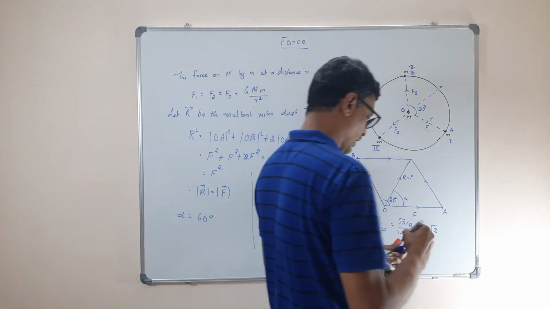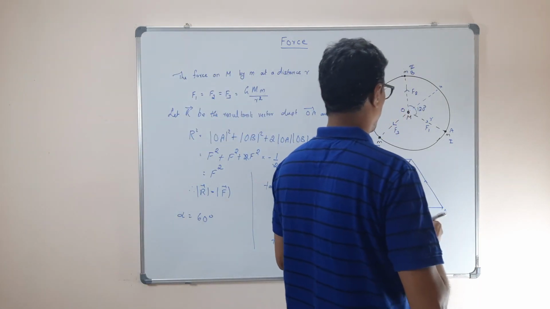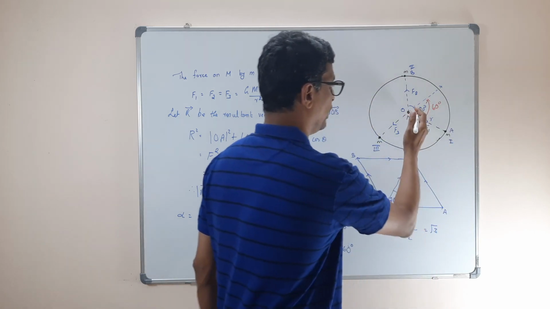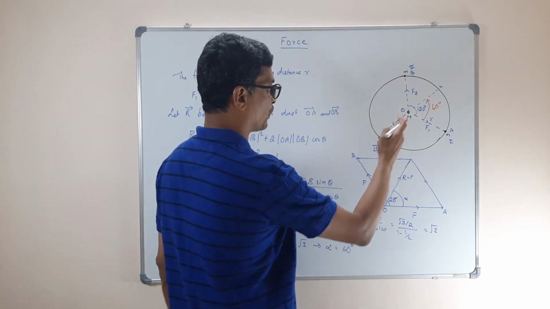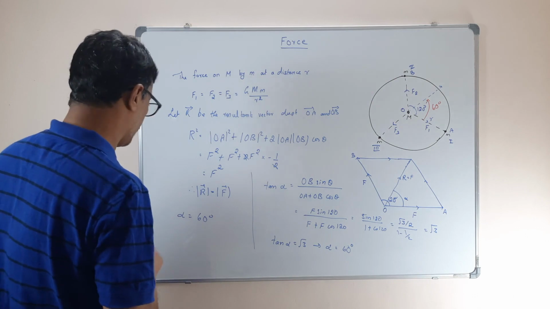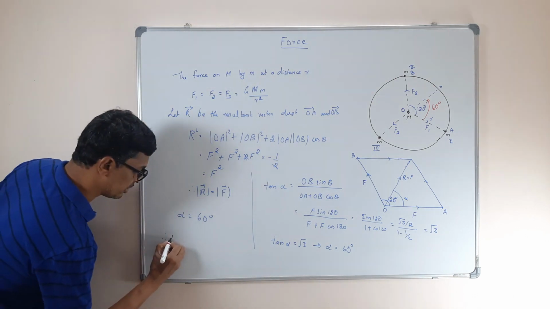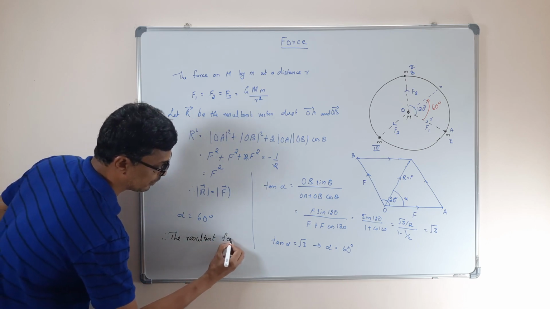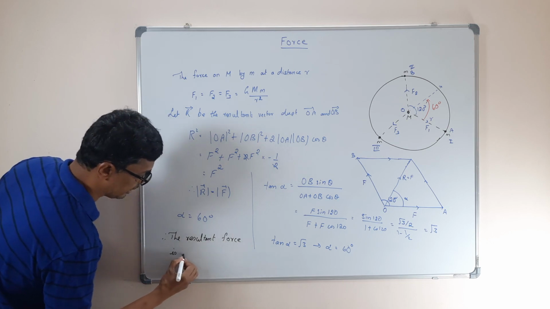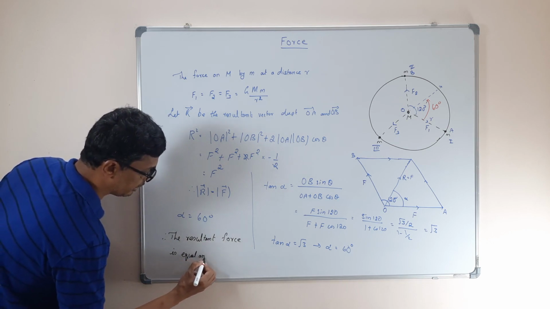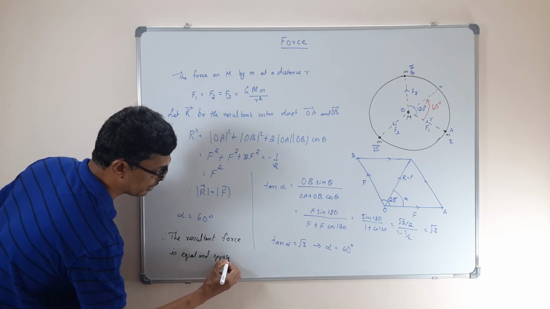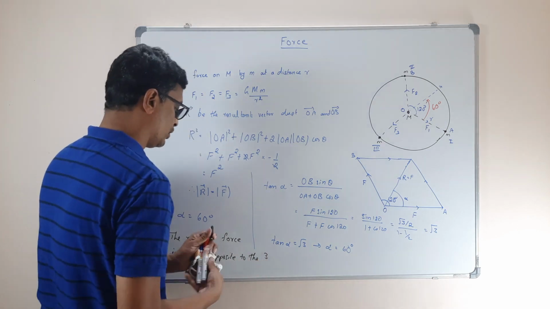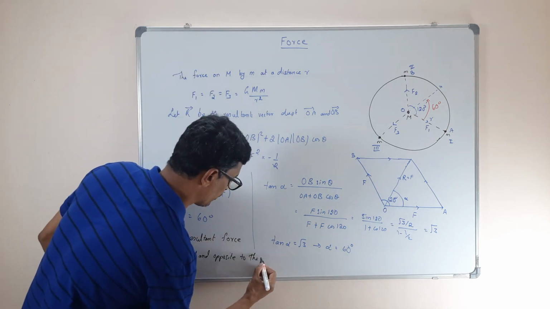So now you tell me what this angle is. Therefore, this angle is 60 degrees, so this will be exactly opposite, right? So of course, the resultant force is equal and opposite to the third mass, to F3.